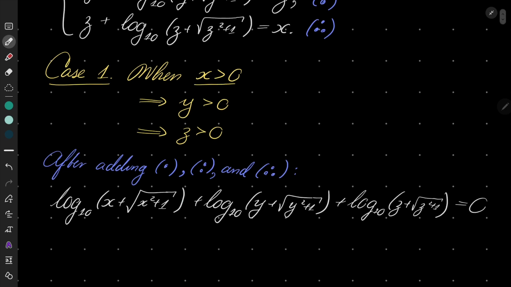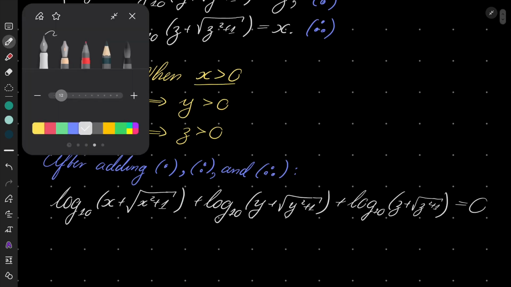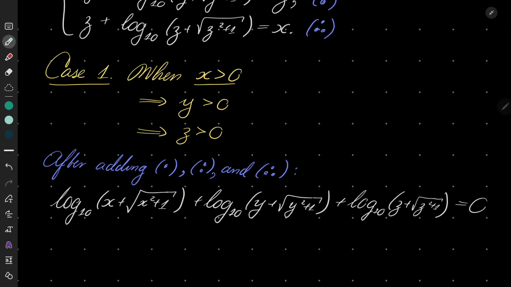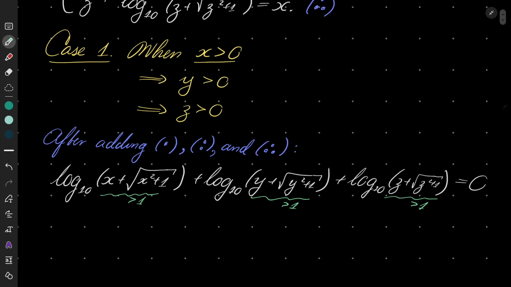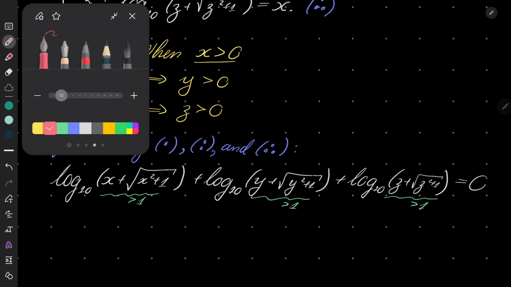No, because we are dealing with positive numbers. So this is strictly greater than 0, this as well, and this as well. So we have 3 positive numbers, and we know that the sum of 3 positive numbers cannot be equal to 0.